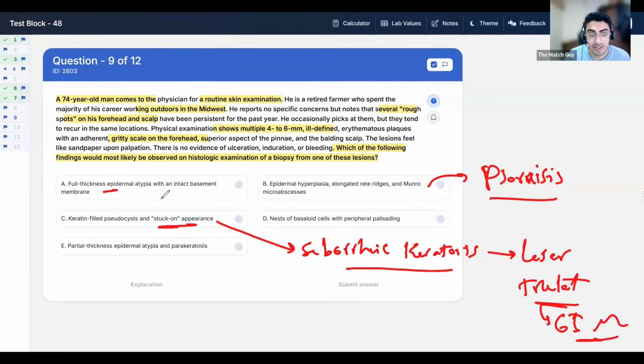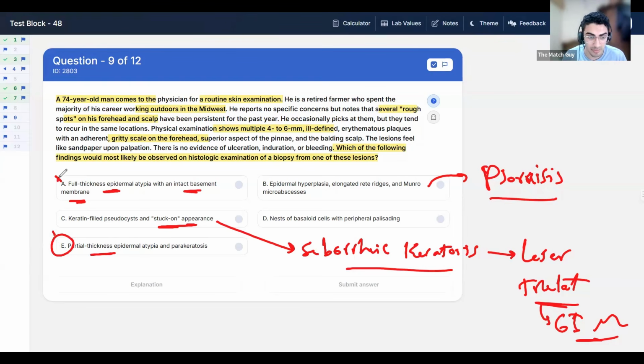All right. Full thickness epidermal atypia with intact basement membrane. Okay, so I would choose between this and this, but I would also honestly go with E, partial thickness.